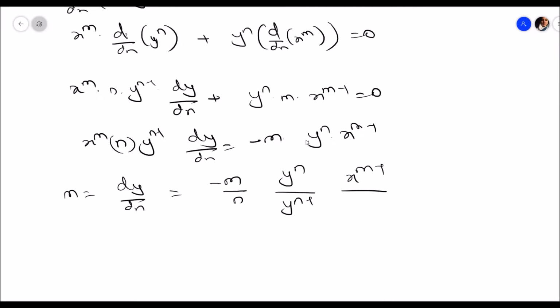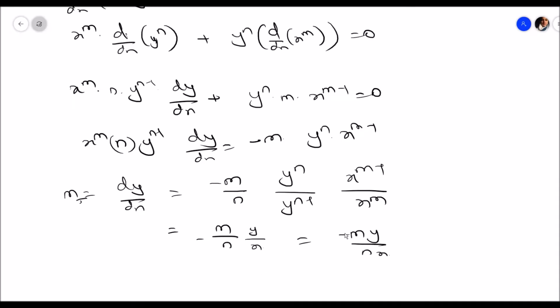And then x power m minus 1 by x power m. Okay. I've subjected dy by dx. On simplifying, I would be getting minus of m by n. So this goes y times and this goes x times, right? That is minus my by nx, which is the slope. Okay. So this is the slope of the tangent.